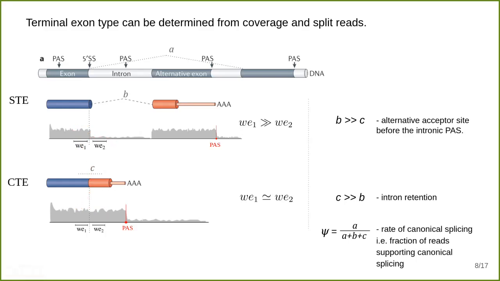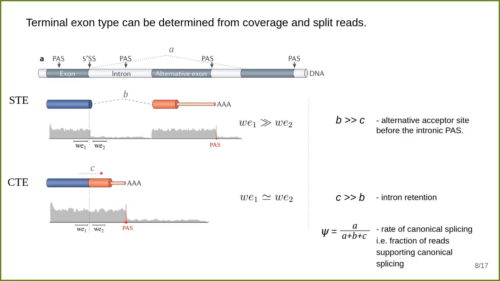Moreover, we can distinguish between these two types based on the reads aligned to the splice junctions. Skipped terminal exons are characterized by non-canonical exon-exon junctions upstream of the polyadenylation site, while continuous reads that span the donor splice site, denoted as C here, mark composite terminal exon.